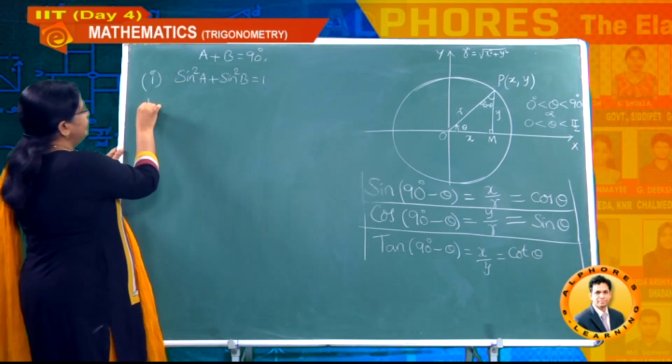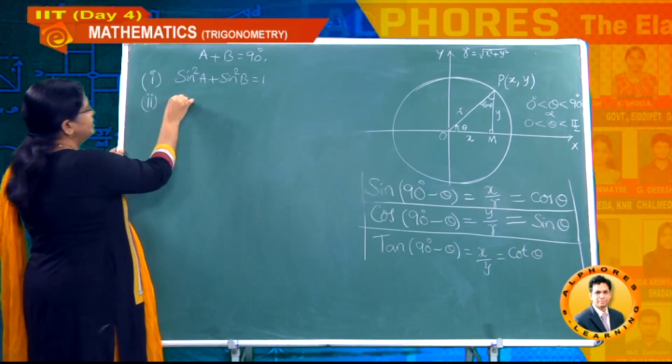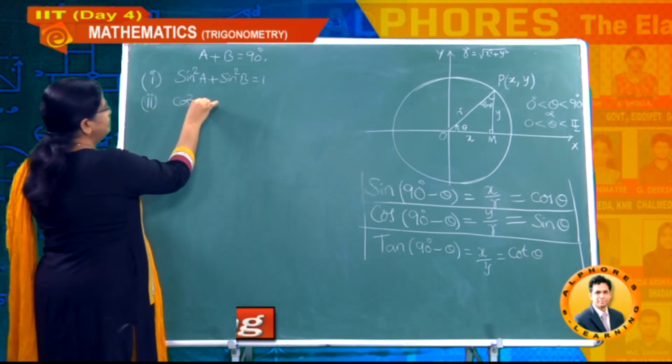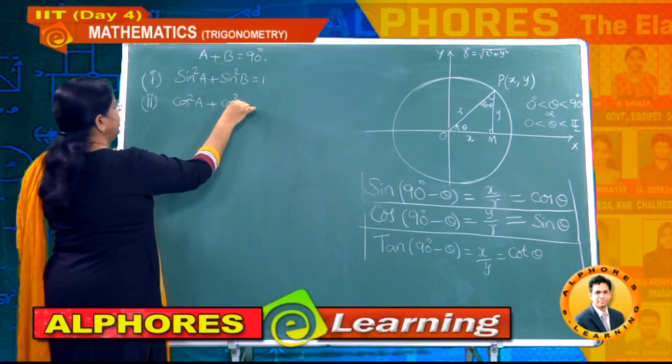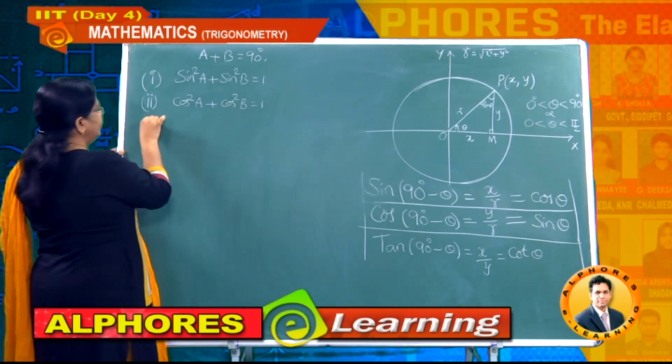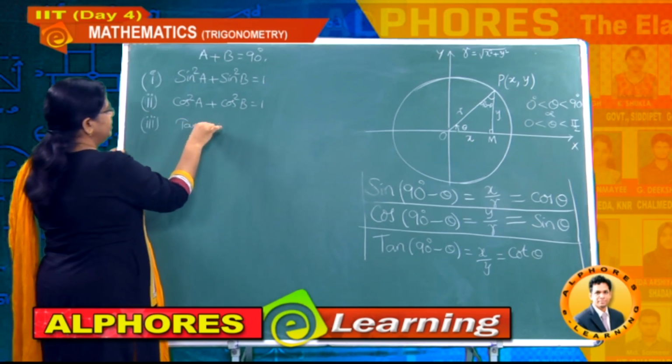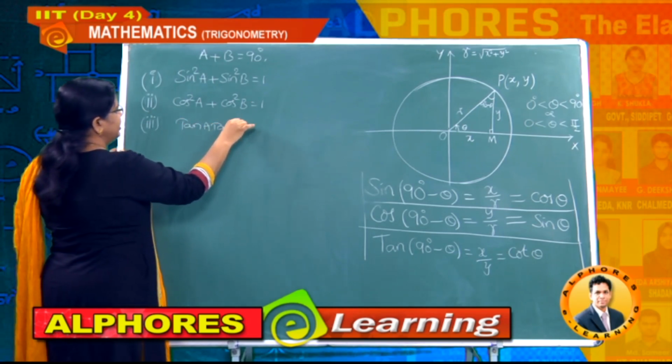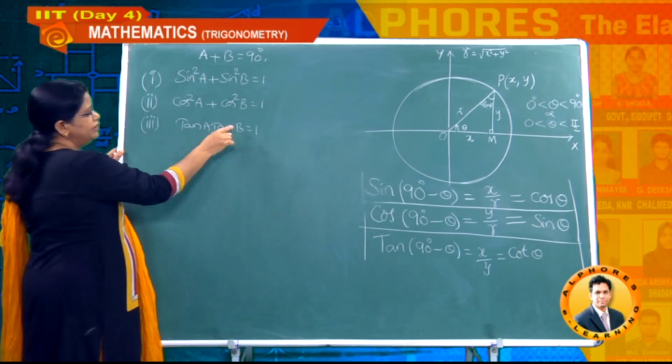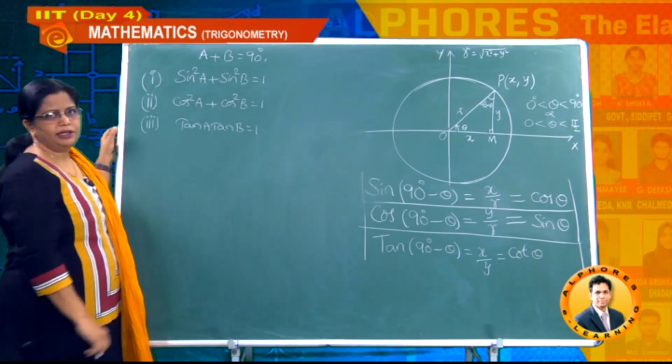In the same way we can say the other result as cos square a plus cos square b equal to 1, and next one, tan a into tan b equal to also 1. So these are the results which we can say when the two angles a and b are complementary angles.